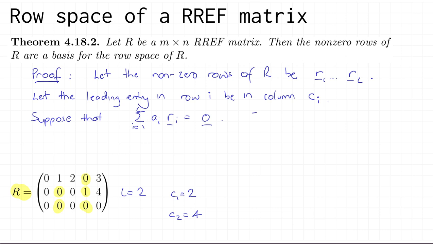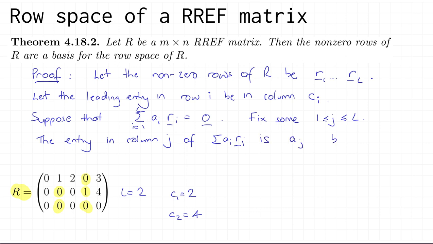So let's fix some j between 1 and L. So the entry in column Cj of that linear combination is, well, I claim it's aj because, first of all, row j has a 1 as its leading entry, so it's got a 1 in column Cj.